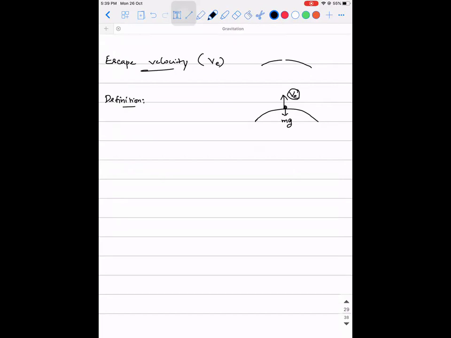It is a minimum velocity with which an object should be projected in vertically upward direction, so that it escapes the gravitational field of Earth.